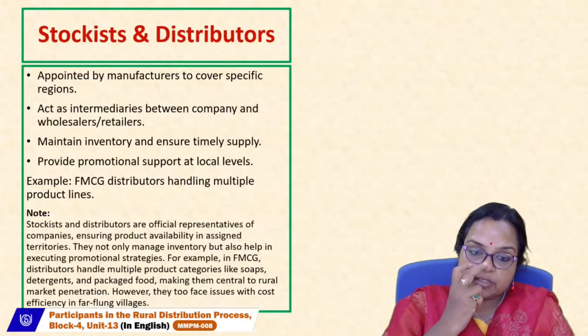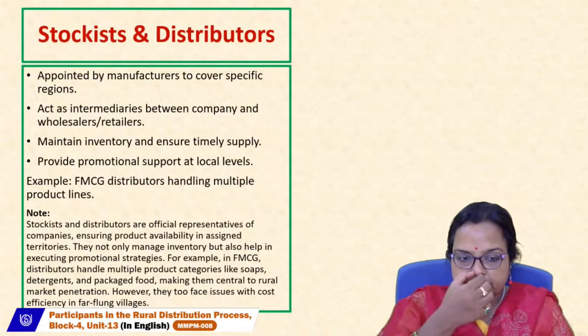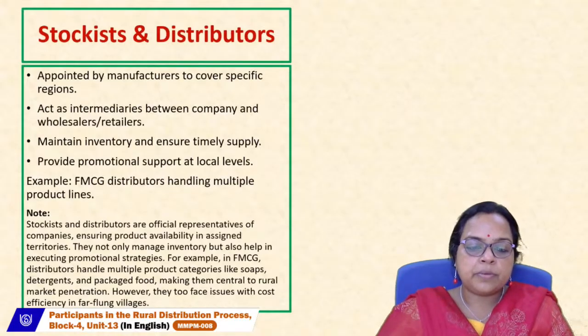They not only manage inventory but also help in executing promotional strategies. For example, in FMCG, distributors handle multiple product categories like soaps, detergent, and packed food, making them central to rural market penetration. They keep everything.